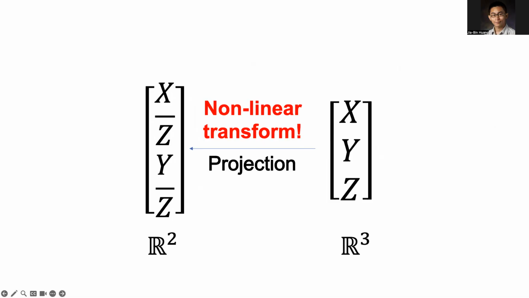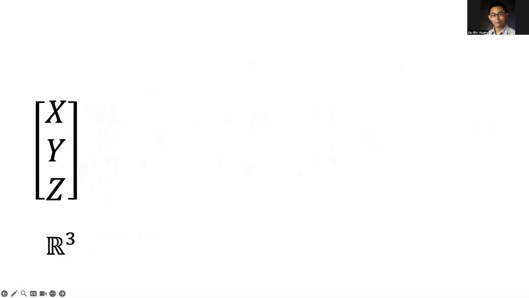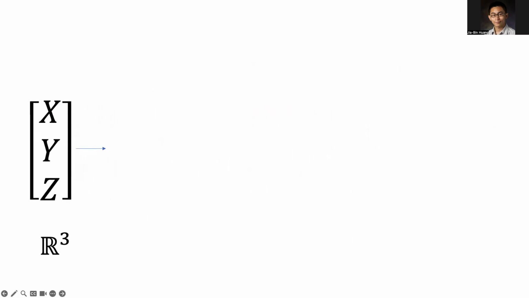So the main idea here is the following. Let's say we have this XYZ, and we don't want to work with this nonlinear projection.